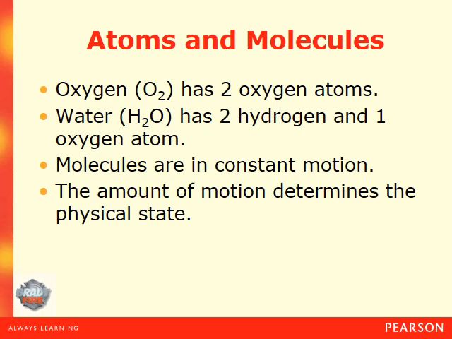Water, H2O, has 2 hydrogen and 1 oxygen atoms. Molecules are in constant motion, and the amount of motion determines the physical state. Depending on that outer shell, you have a solid, liquid, or gas, in terms of how fast those electrons are moving.